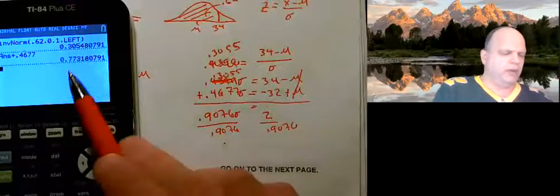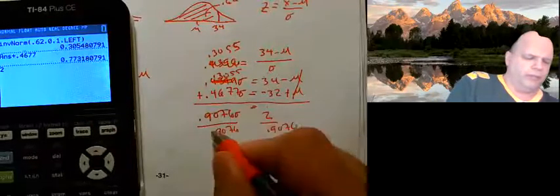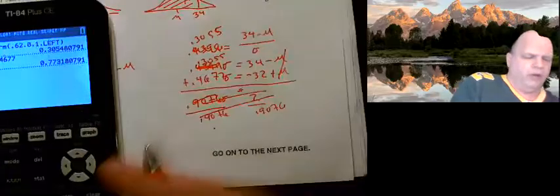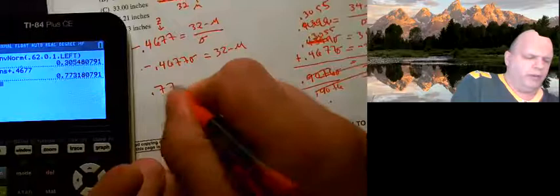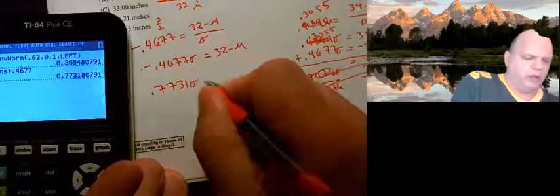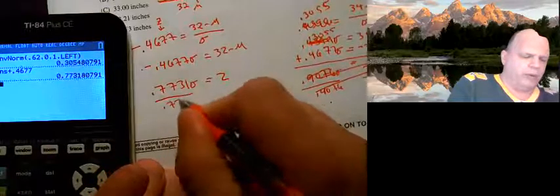So I end up getting 0.7731, and so I end up with 0.7731 sigma equals 2. I'm going to divide both sides by 0.7731.